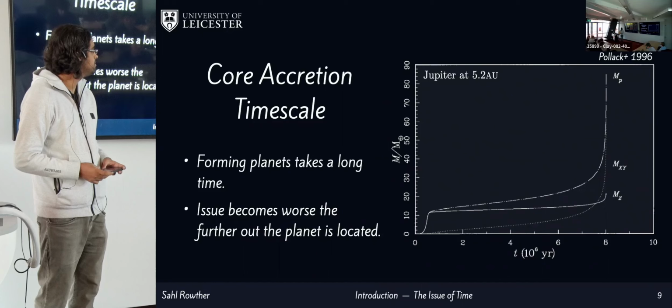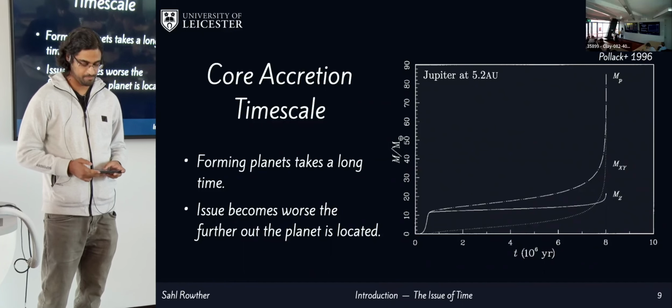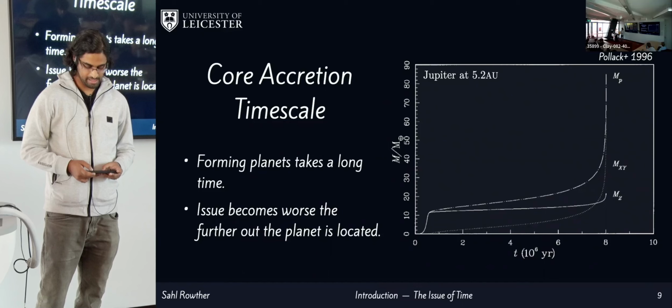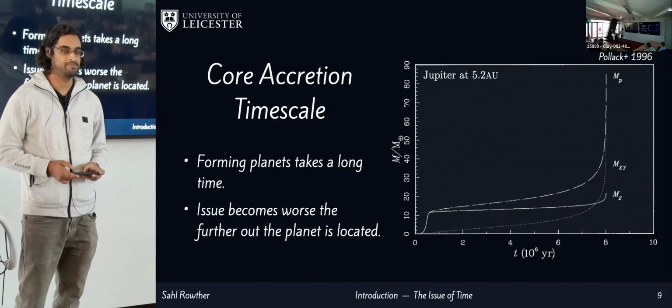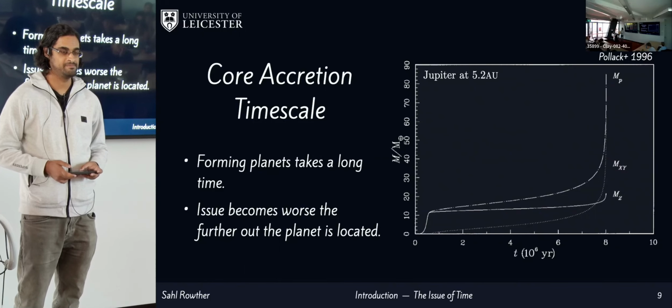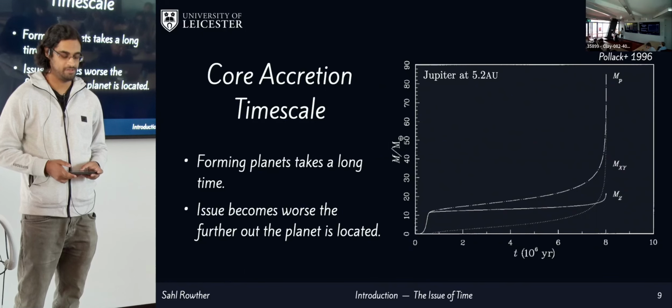As you can see in this image, it can take a few million years for a Jupiter-like planet to form at 5 AU, which is a problem if the disk is only a few million years old. And this problem gets worse as most of the inferred planets are much further out, where it takes much longer to build a giant planet as there is simply far less material further out.